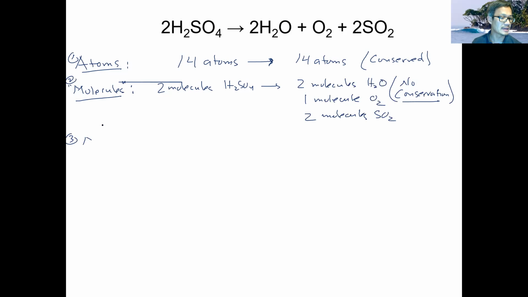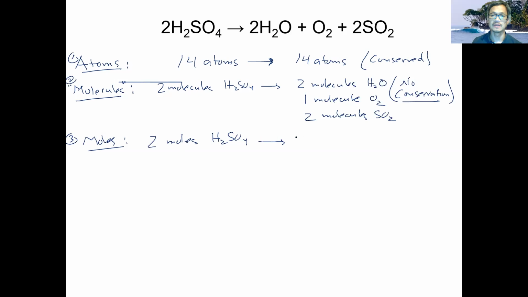The next, this asks us about moles of each of these atom reactants products as well. And so from the balance equation, we start out then with 2 moles of H2SO4. Okay? And so if you notice here, the balance equation gives us the number of molecules and moles directly. We see that we can just take that from the coefficients as well.